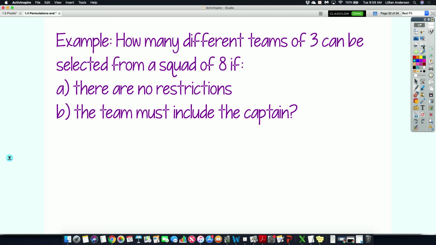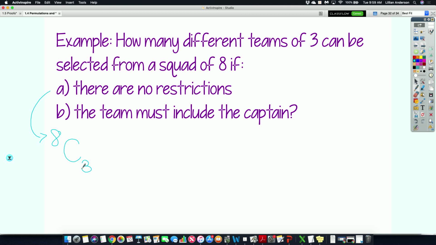I have 8 people to choose from, and I need teams of 3. So that's 8 combination 3.